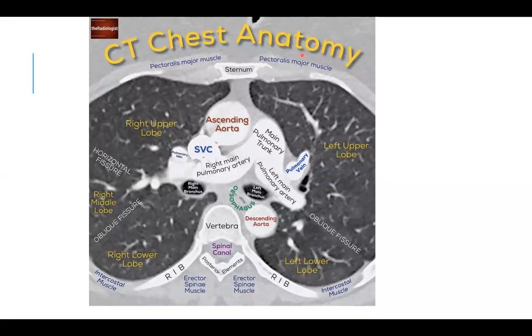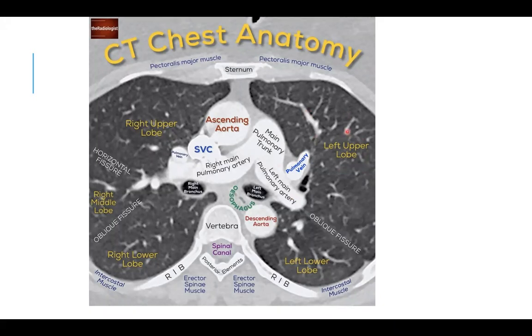So this is a really good example of going through what every single thing on the image is. So we have the pec major on the outside, sternum, ascending aorta, the superior vena cava, pulmonary vein, right main pulmonary artery going to the main pulmonary trunk, left main pulmonary artery, the left main bronchus and right main bronchus, esophagus would be here, then descending aorta, pulmonary vein, vertebra, and then looking at the lung tissue itself.